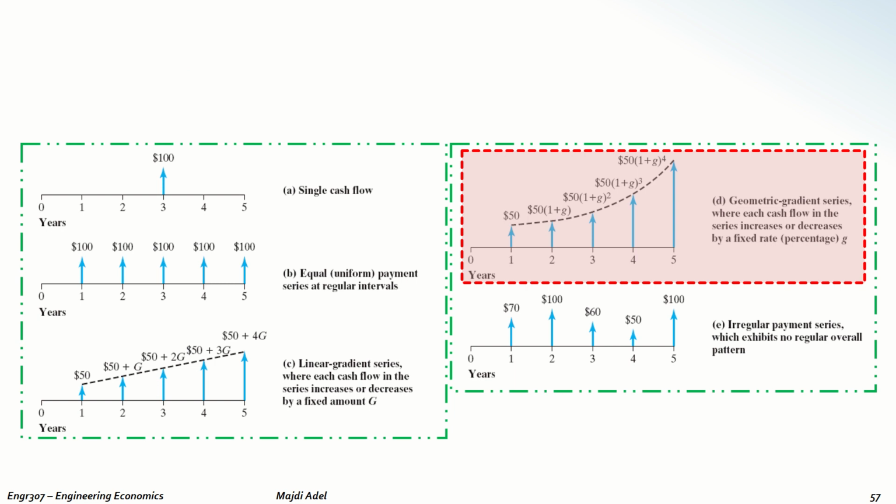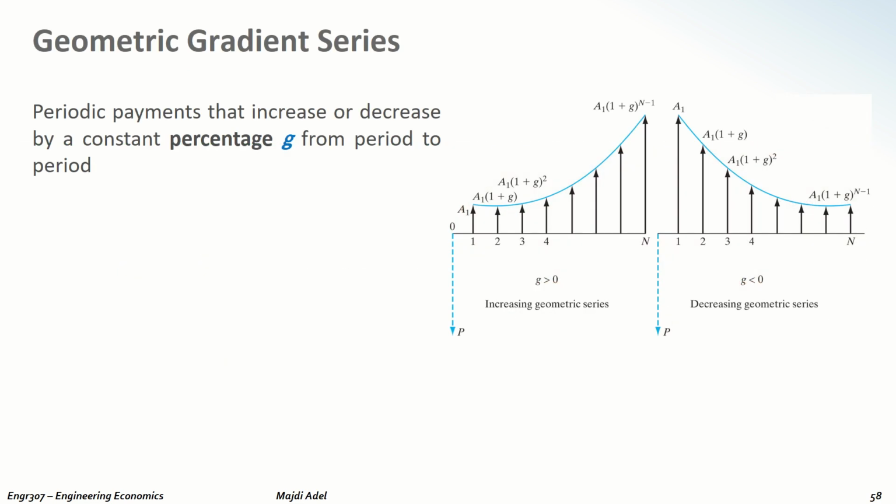The last type of cash flows is the geometric gradient. Geometric gradient, the cash flow is increasing or decreasing by a constant percentage, a constant rate, and we give it the symbol small g.